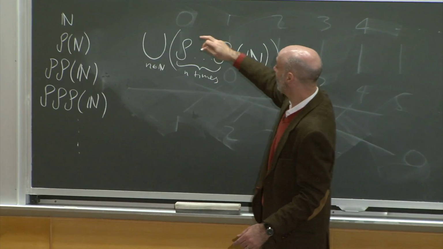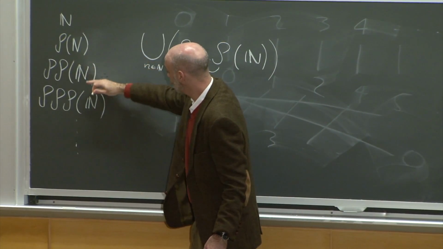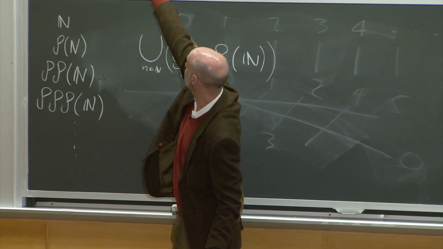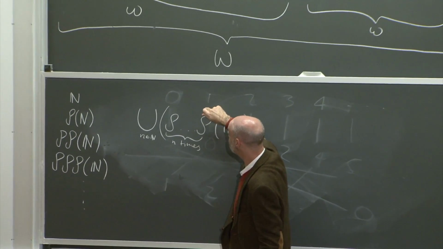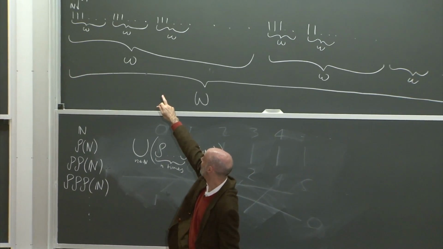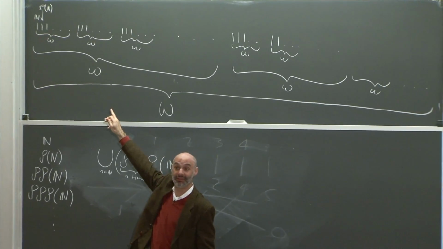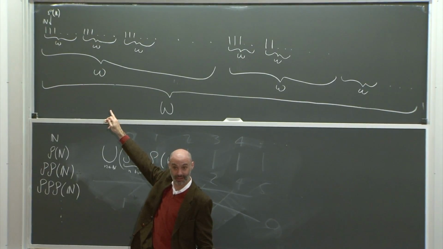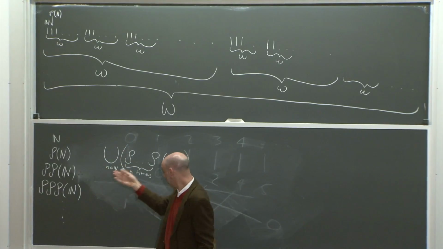So you can think of this initial sequence as that first omega sequence. And then you can think of this beast as the first element of the next omega sequence. And if you want to keep going bigger, you can.